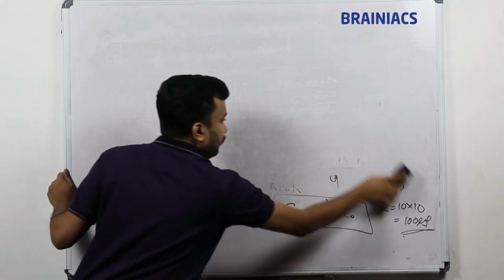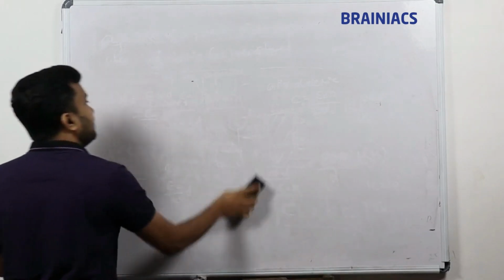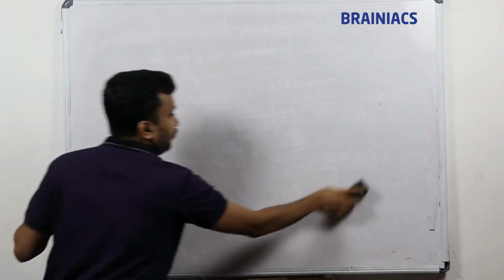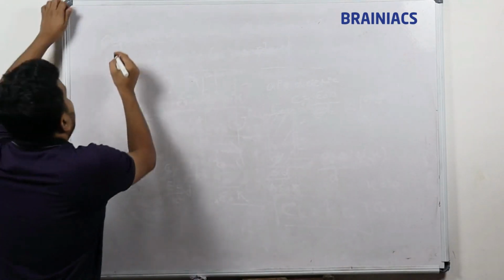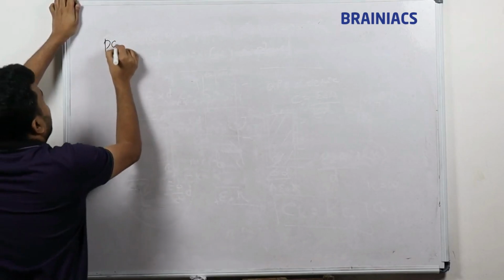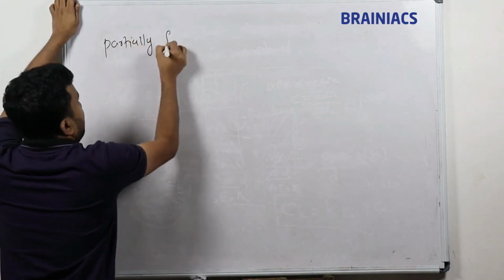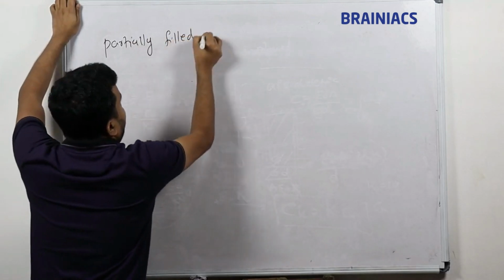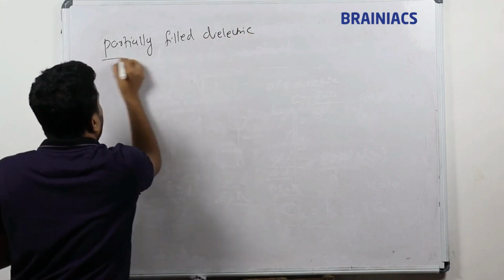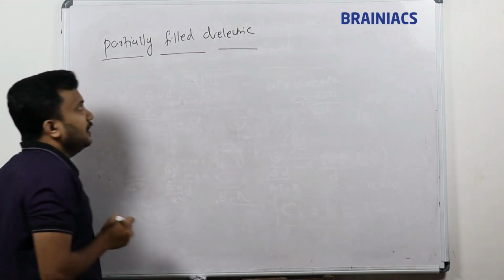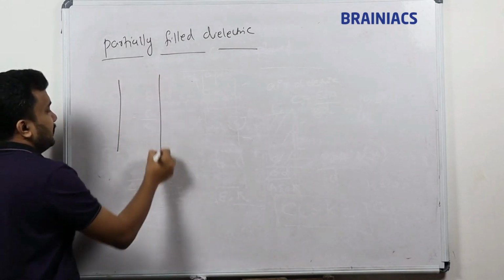Now we have seen a capacitor which is filled fully. Next, we are going to see partially filled dielectrics, that is, the capacitance of a partially filled capacitor.